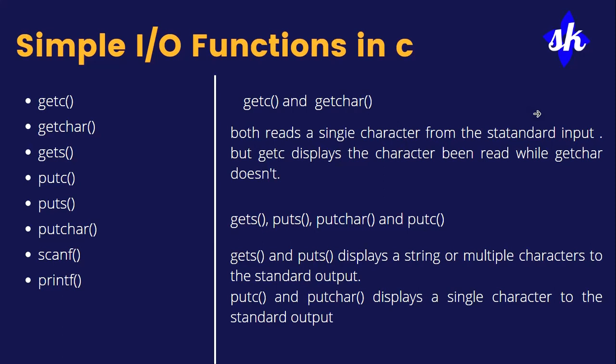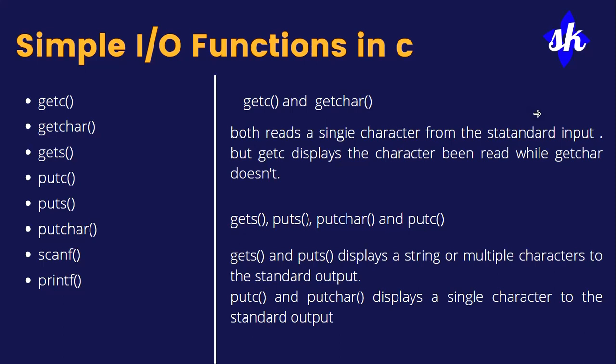Now puts, putc, and putchar are responsible for displaying a character or string to the standard output. Puts, just like gets, deals with a string, and displays a string to the standard output, just like the way your printf displays a string to the standard output.